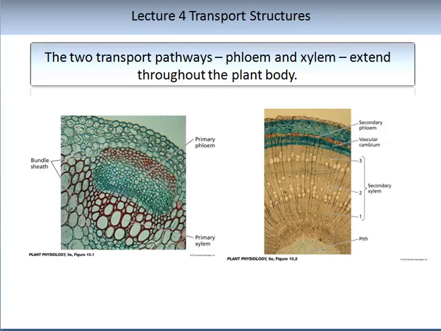These have been selectively stained to show the different components and are labelled. You will note the bundle sheath, the primary phloem and the primary xylem, the secondary phloem, vascular cambium, secondary xylem and the pith. We will be dealing with the phloem in some detail in further lectures.